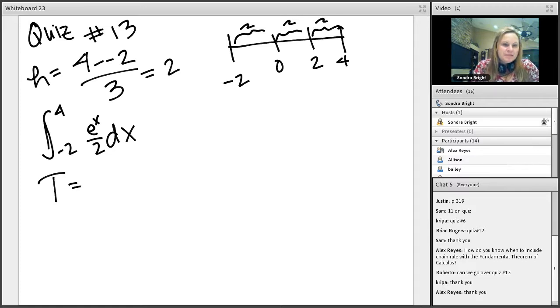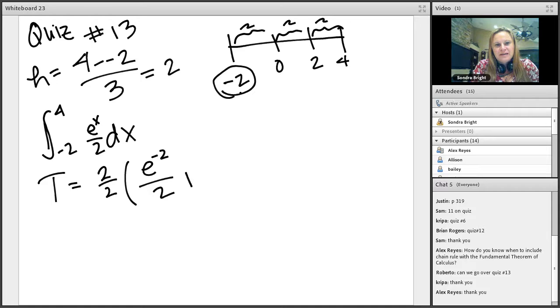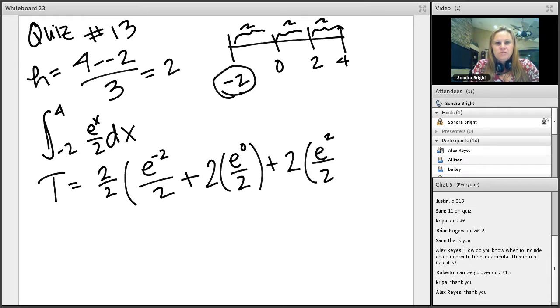Using trapezoidal rule, it's 2 over 2 times, on the first one, you plug that negative 2 into x, so e to the negative 2 over 2. Then plus your middle ones, which you multiply by 2, so 2 times e to the 0 over 2, plus 2 times e squared over 2.